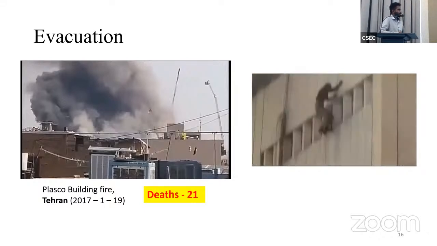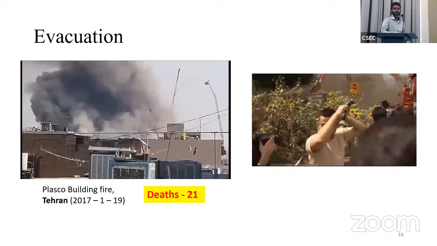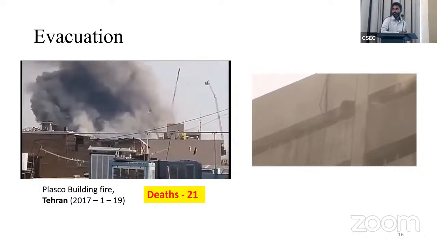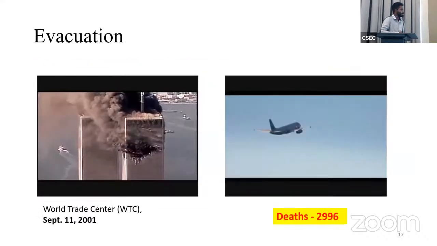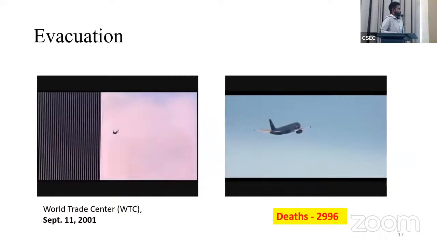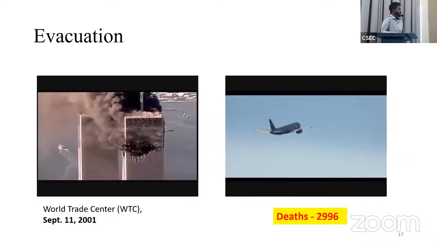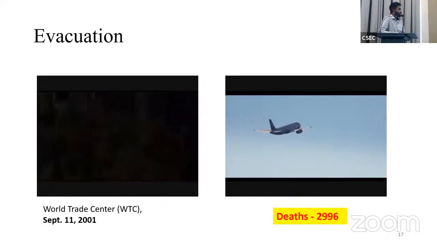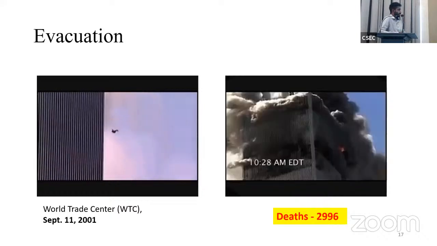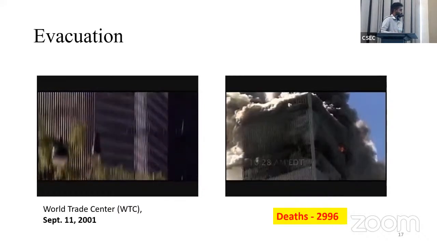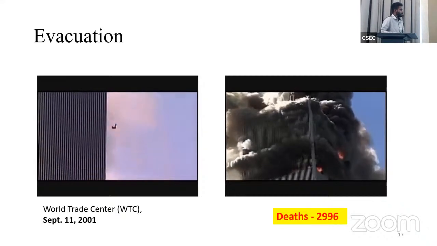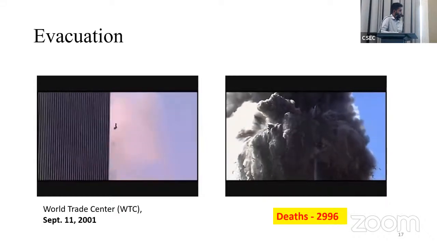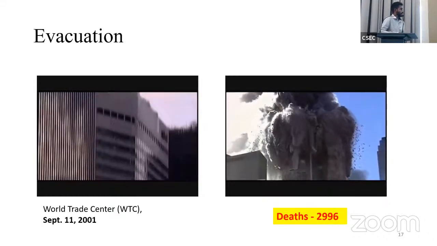Sometimes we have to evacuate like this if you don't have proper evacuation methods and strategies. This is also an example of an evacuation method, if you don't have any proper evacuation plans and guidance from buildings. So you can realize the importance of design against fire as well as evacuation.